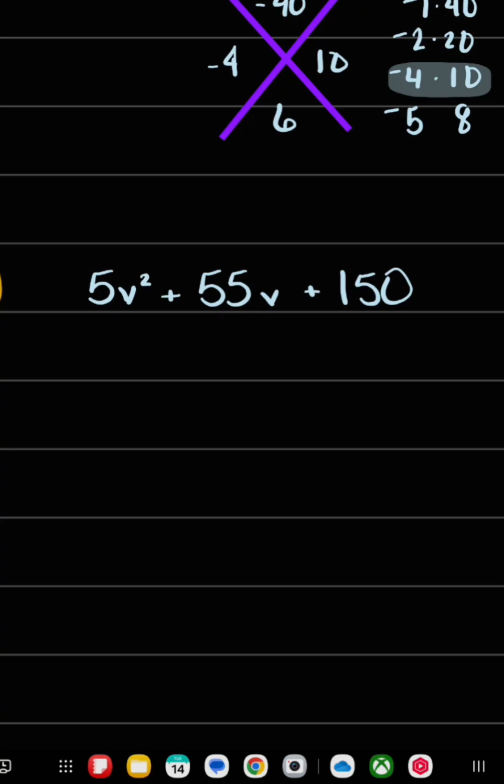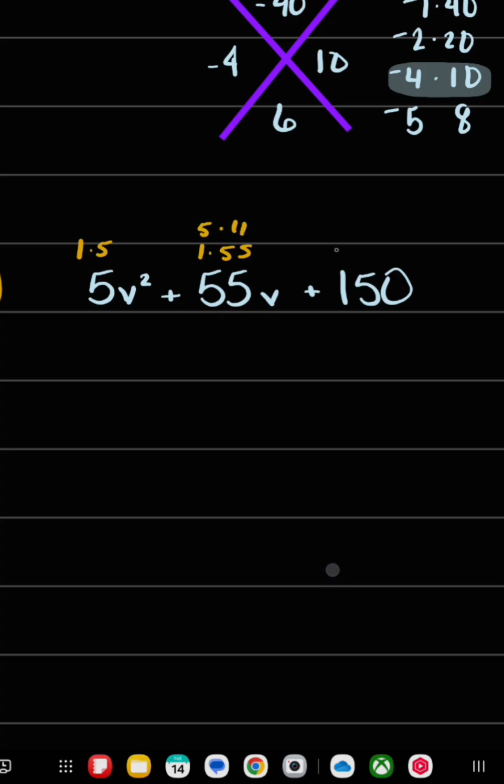Anyway, we look at our smallest number. That's why you look at 150 like, golly, but don't worry about it. If you start at the smallest number, you'll be all right. So 5 is 1 times 5. We're only going to look for 1 and 5. 55 is 1 and 55, and then 5 goes into 55 11 times. So 5 times 11.